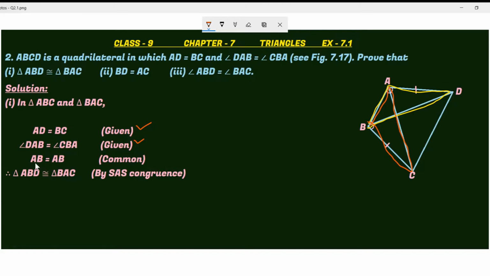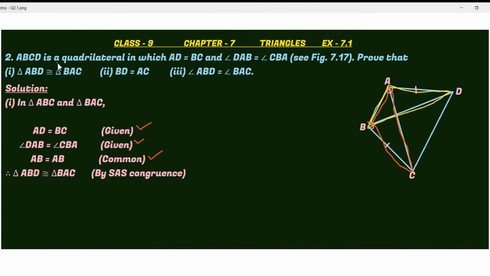So we can write AB is equal to AB, that is common for both triangles. Now also we are going to use side angle side. Here two sides and included angle are equal in this triangle, two sides and included angle. So according to the SAS congruence rule, triangle ABD is congruent to triangle BAC.